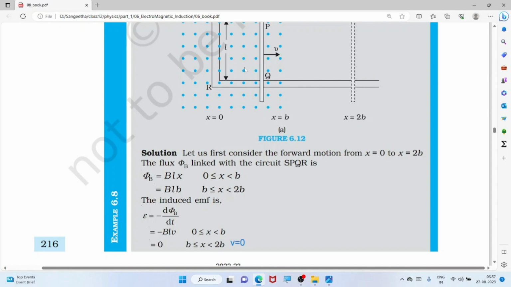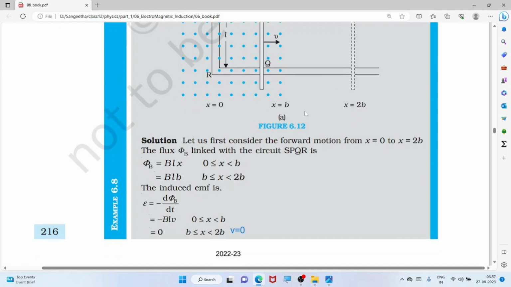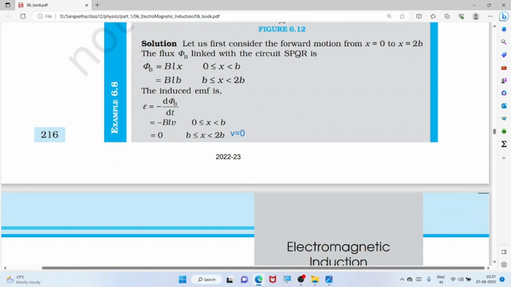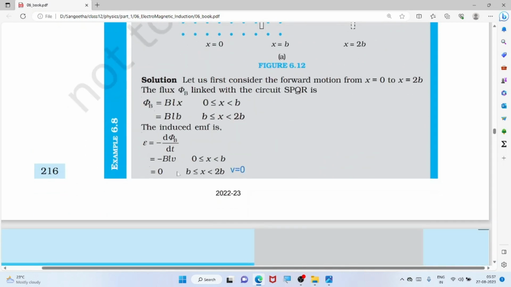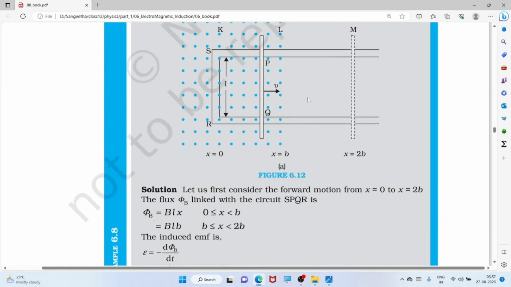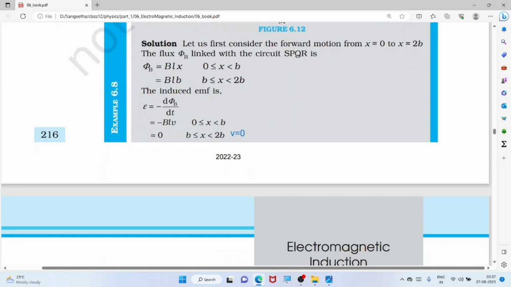So the induced EMF is also 0 between B and 2B because there is no flux change. That is why the induced EMF will be 0 in that region.